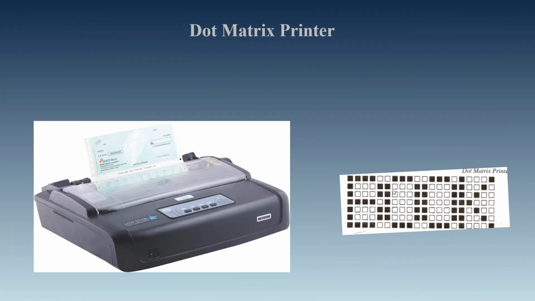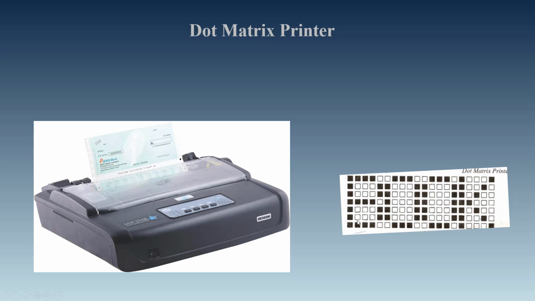And the dot matrix printer, I can sense you have seen this in IDBI Bank, ICICI Bank, in the banking sector. It's a character by character printer, which prints a single character at a time. In a dot matrix printer, you can see that to print B, it has to process this column first, then this row, then this row, then this row, and this column.